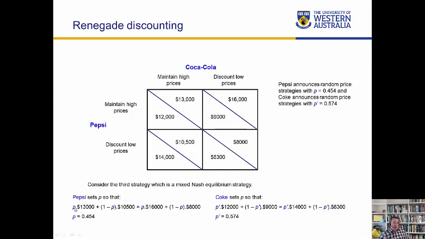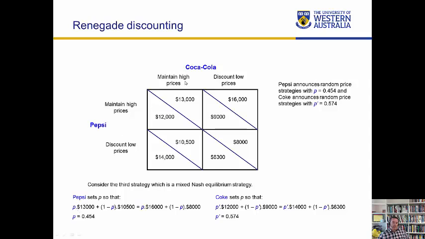And so when we multiply P by 13,000, we're really saying that when Pepsi maintains high prices, then Coke's payoff will be 13,000 times the percentage of time that Pepsi actually sets those high prices.